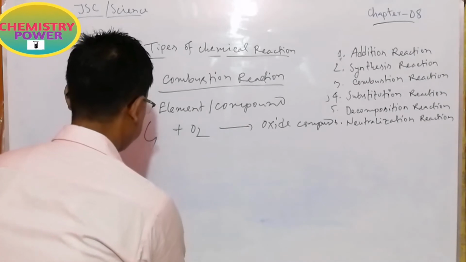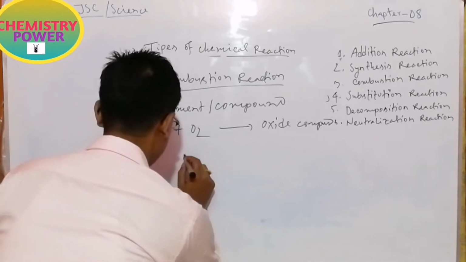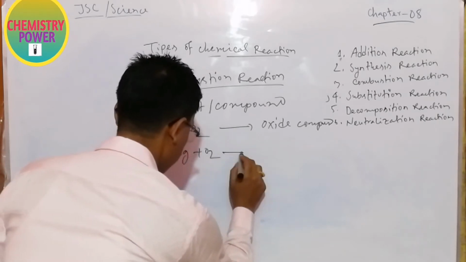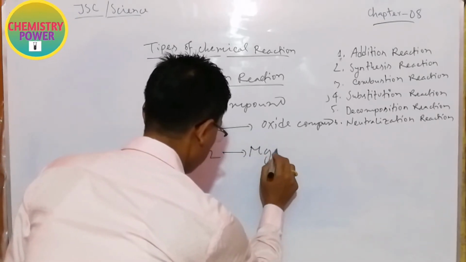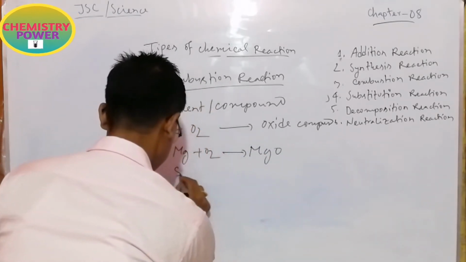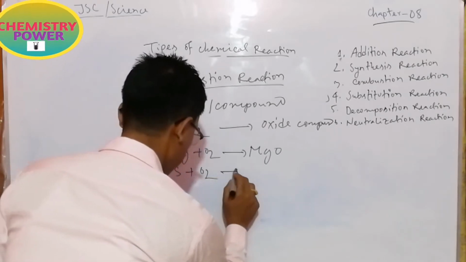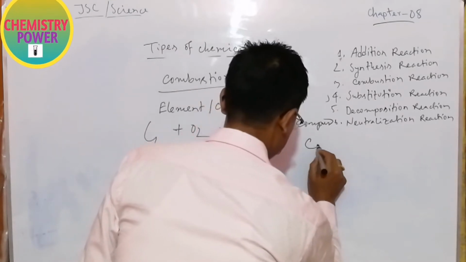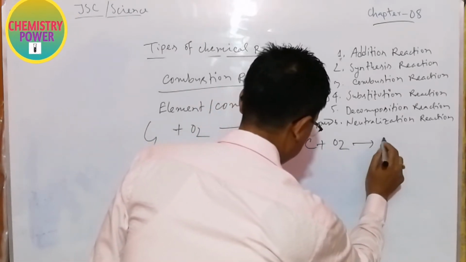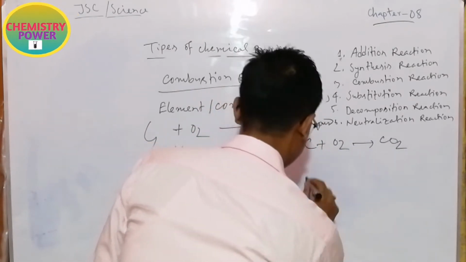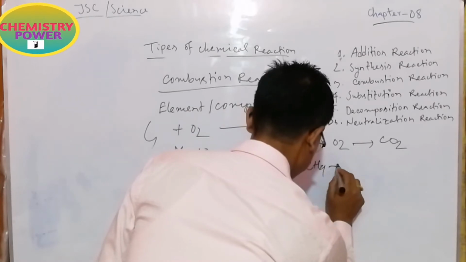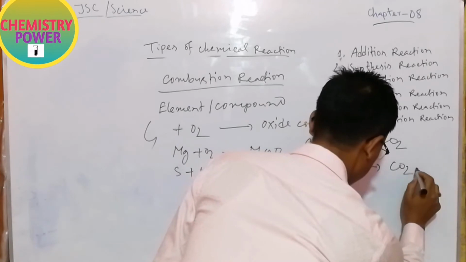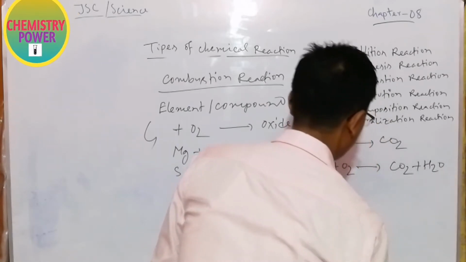So let's say with an example, magnesium plus oxygen then produce magnesium oxide, sulfur plus oxygen produce sulfur dioxide, carbon plus oxygen produce carbon dioxide, and CH4 methane plus oxygen then produce carbon dioxide plus water.